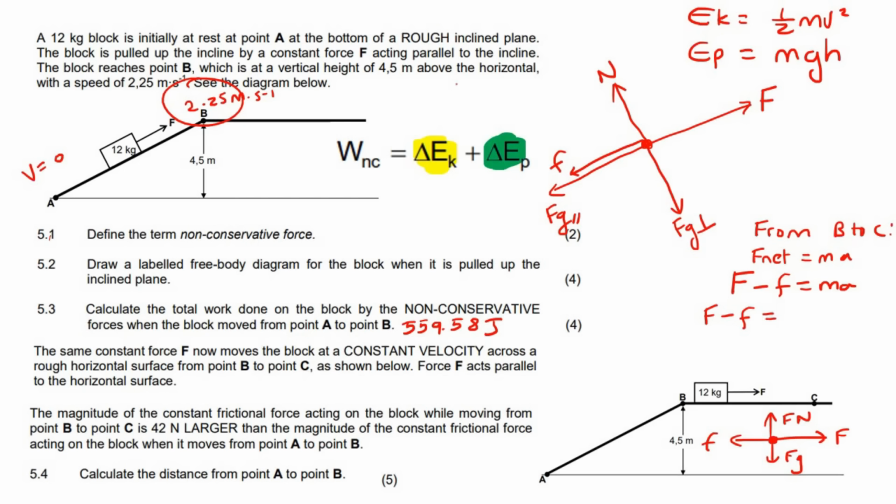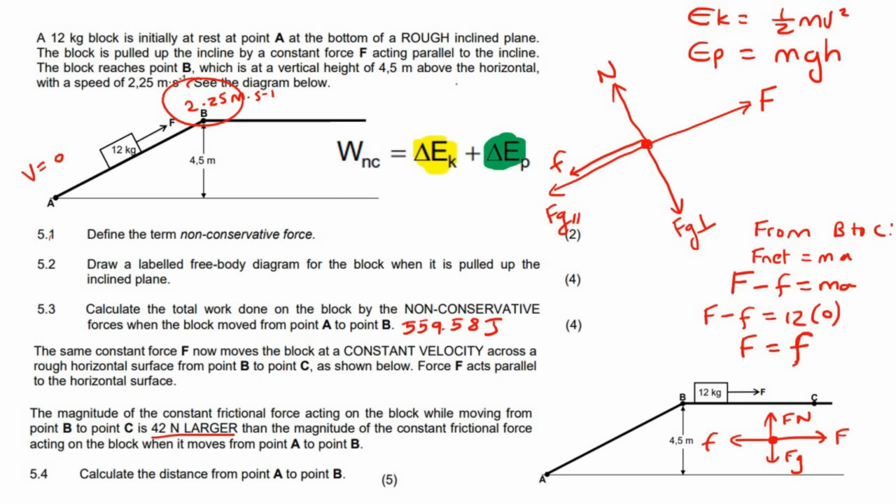the mass is 12, but the acceleration is 0 because we are moving at a constant velocity for that part. So the applied force is going to be the same as the friction force. Now, they told us that this frictional force is 42 newtons larger than the frictional force over here.